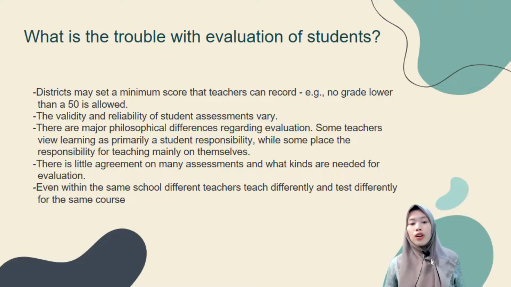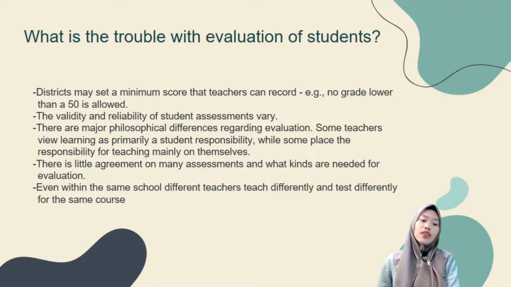And then there are major philosophical differences regarding evaluation. Some teachers take responsibility for teaching mainly upon themselves. And then there is little agreement on how many assessments and what kind are needed for evaluation. And even within the same school, different teachers teach differently and test differently for the same course.